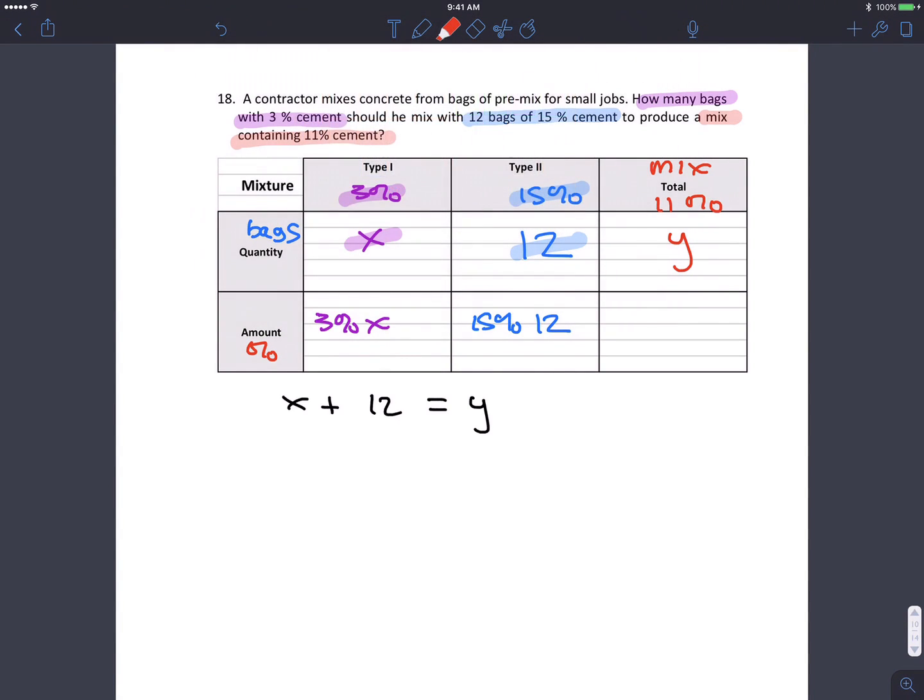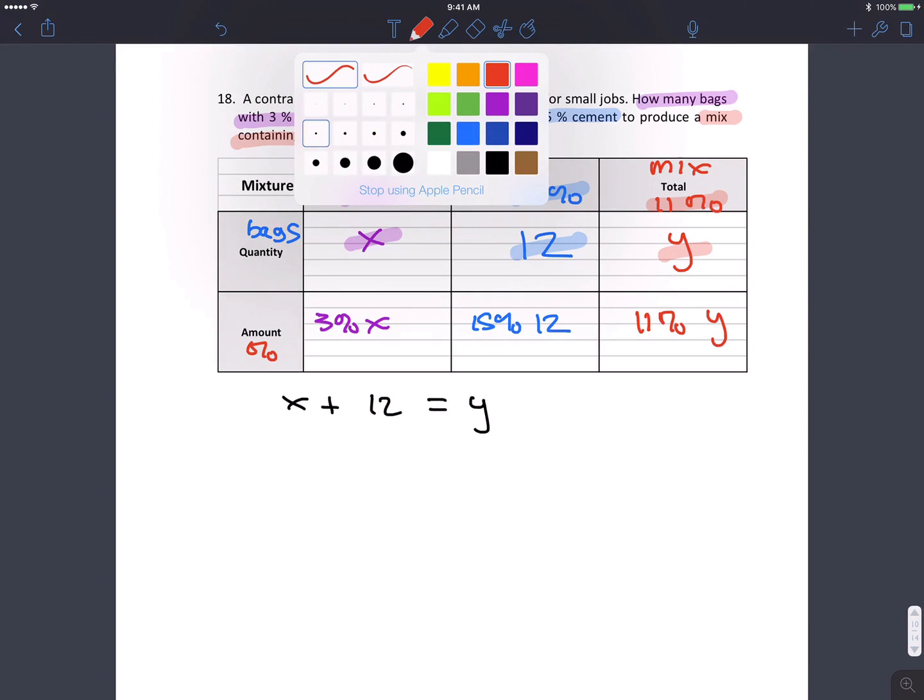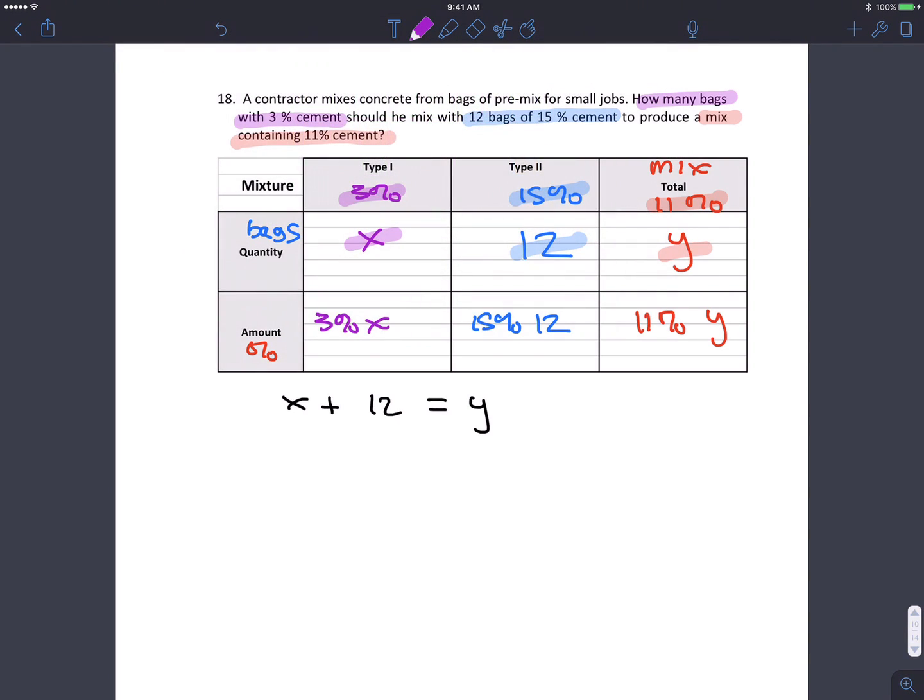And then take your 11% of Y. 11% of Y. Now don't forget what 3% actually is. This 3% is 0.03. Don't forget the percent language, so let's write it down together. 3% is 0.03x.